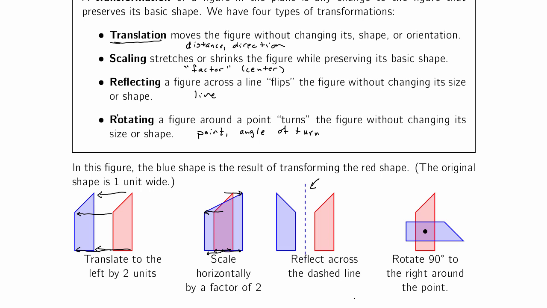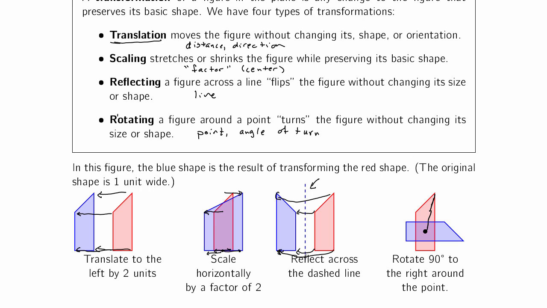Here we've reflected the red shape across the dashed line. So every point is the same distance away from the dashed line, but on the opposite side. And here we've rotated the shape 90 degrees around the point.